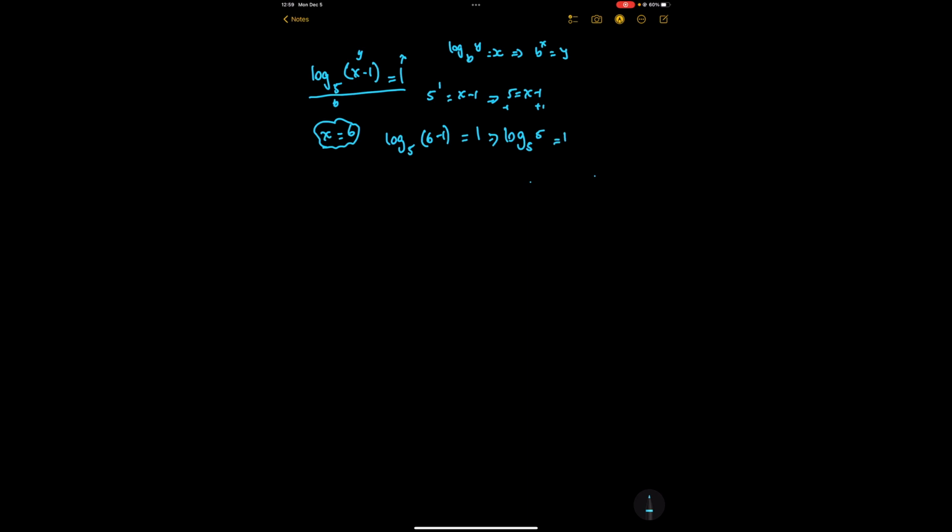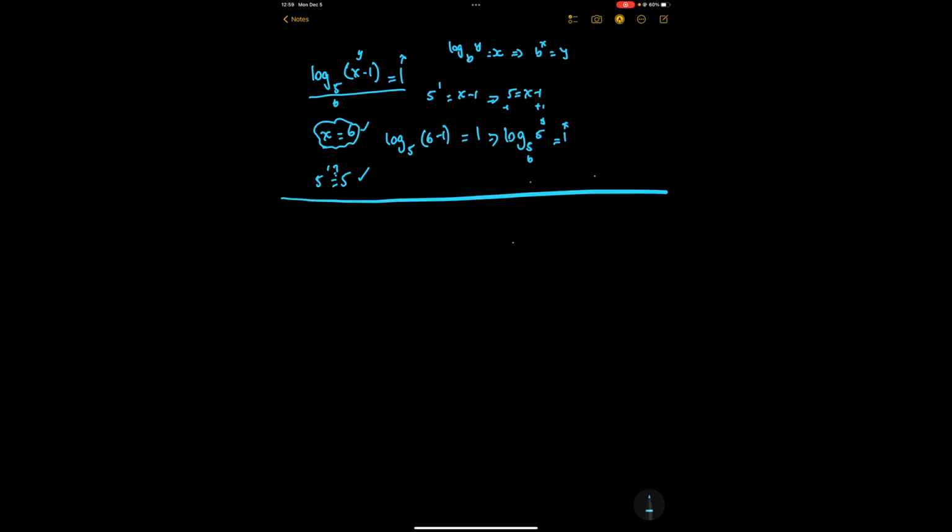This would be b, that's y, and that's x, so b to the power of x equals y. Does 5 to the power of 1 equal 5? Yes. So that means x equals 6 is correct.